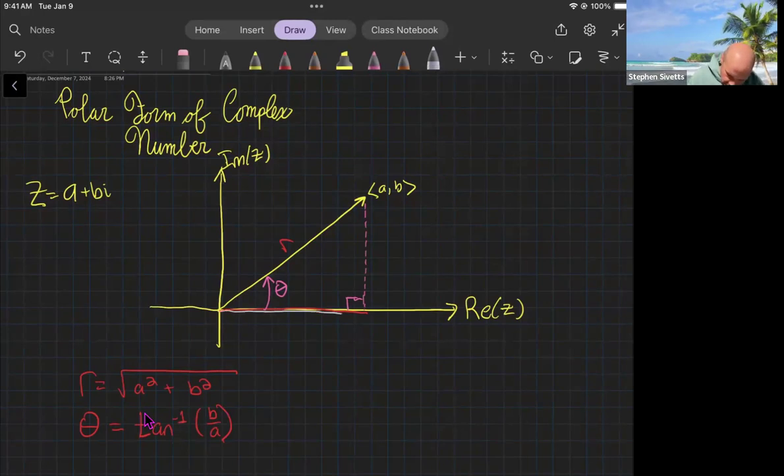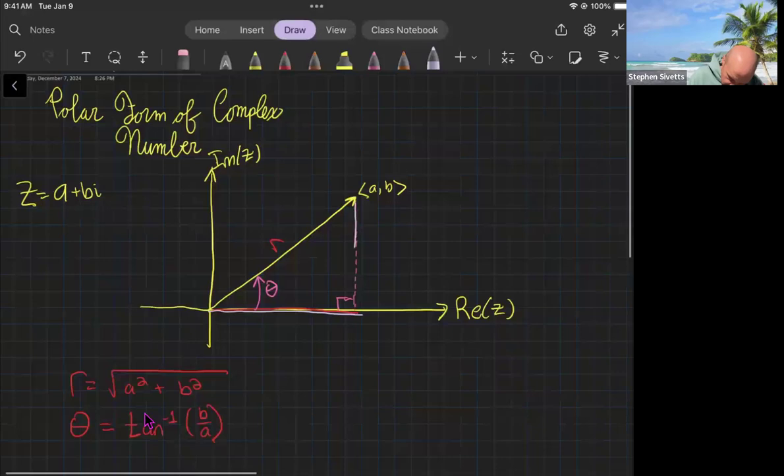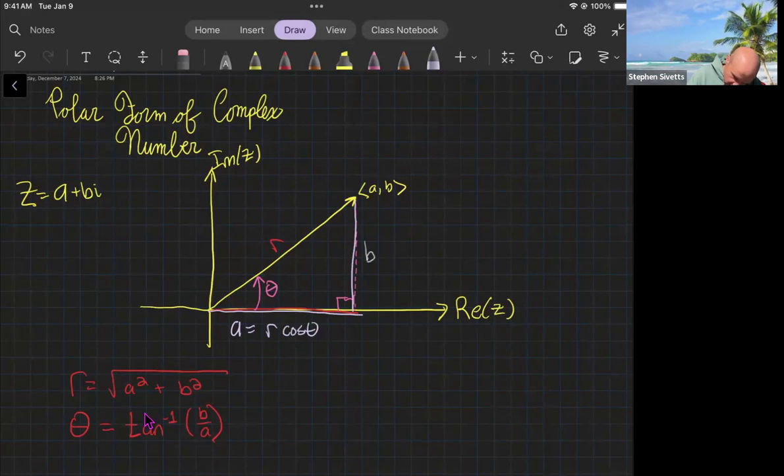To get the x and y components of the complex number, we can just use trigonometry. So the a component would equal the hypotenuse times cosine theta, and the b component would equal r times sine theta.